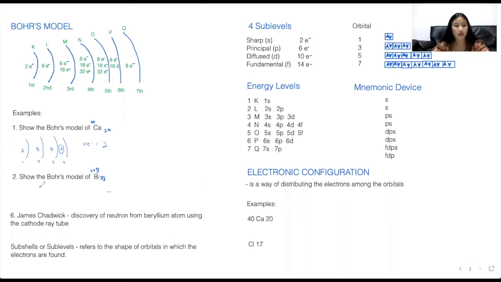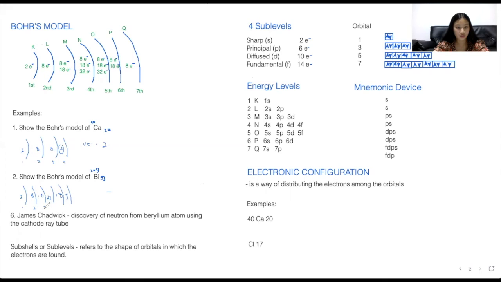The second example is to show the Bohr's model of Bi-83. So let's draw 2 electrons for the first shell, 8 electrons for the second shell, 18 electrons for the third shell, 32 electrons for the fourth shell, 18 electrons for the fifth shell, and lastly 5 electrons.